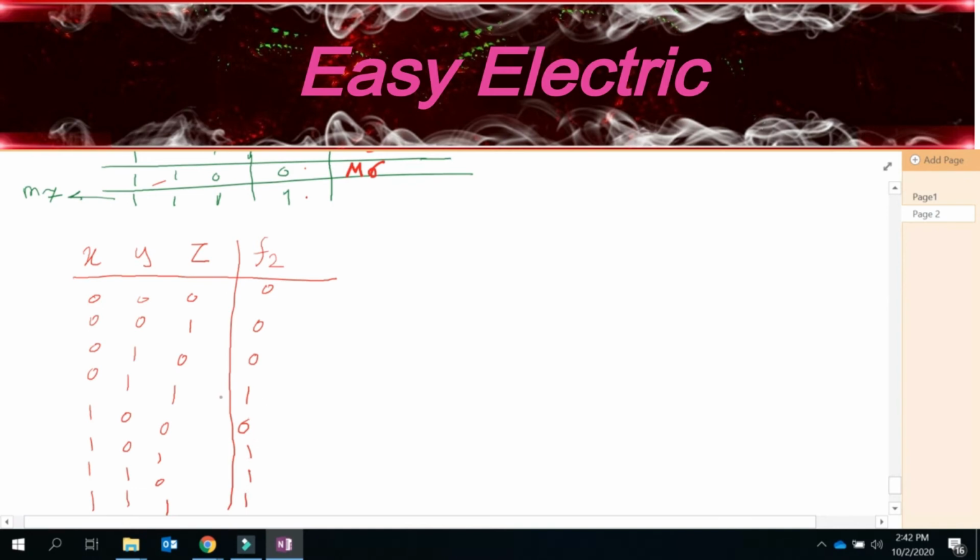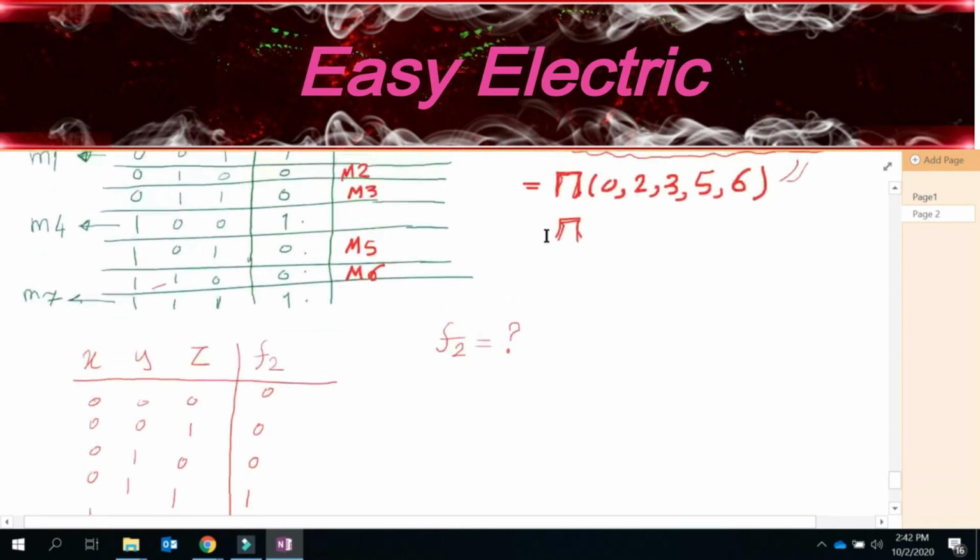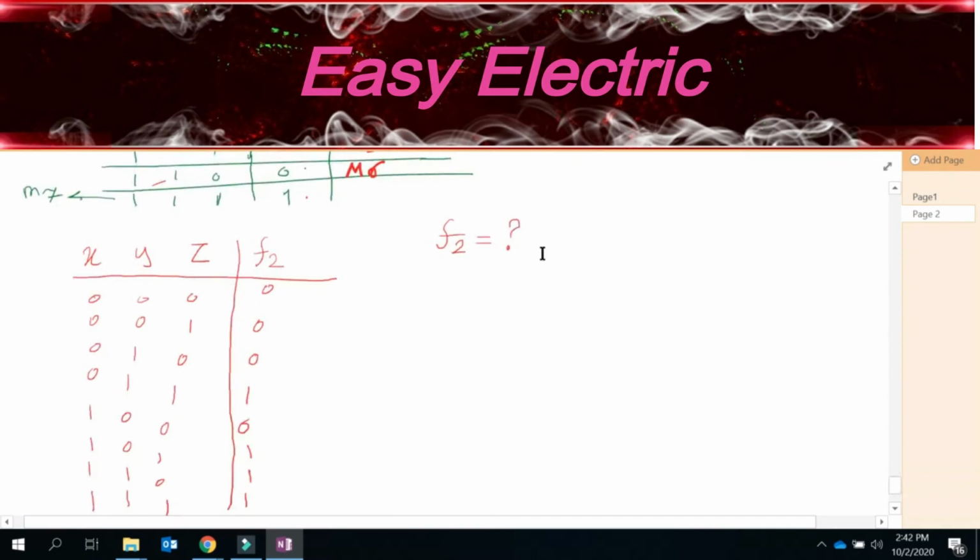So the question is: write that function in Boolean algebra and tell me how you could represent this function in Boolean algebra. Based on what we learned here, I could write this function in 2 different ways.